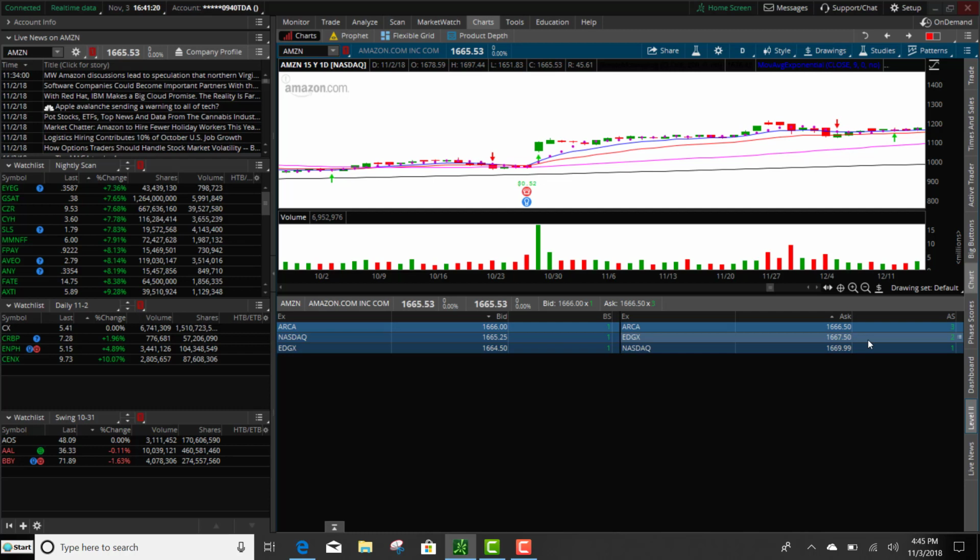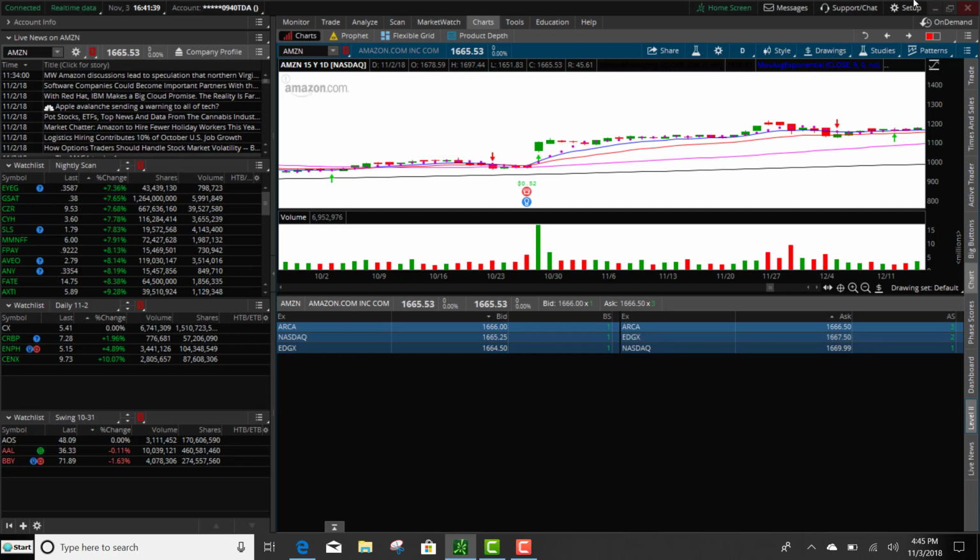That gets me around the PDT rule, and then I can take my 3 or 4 day trades a week. And if I'm in a position, because I trade the higher price stocks, where I know I'm going to have a profit the next day, then I will hold it overnight.